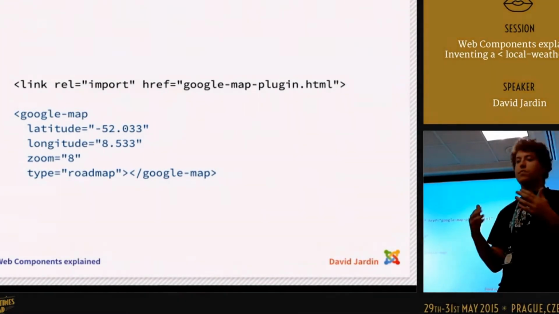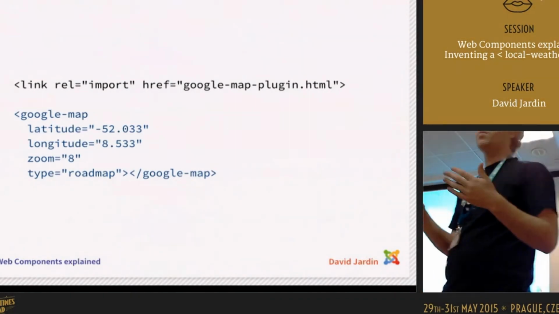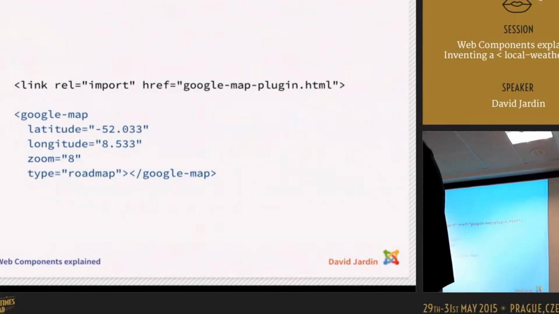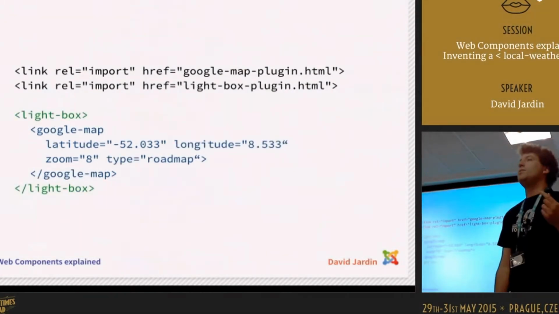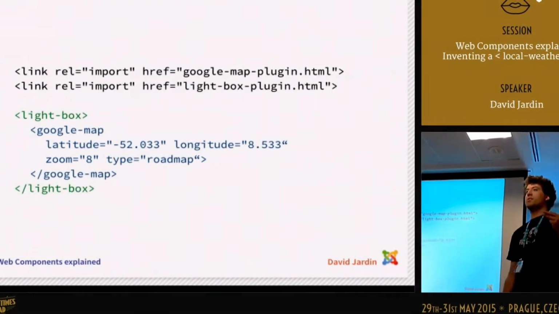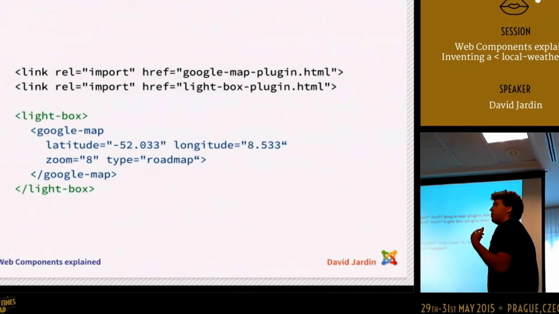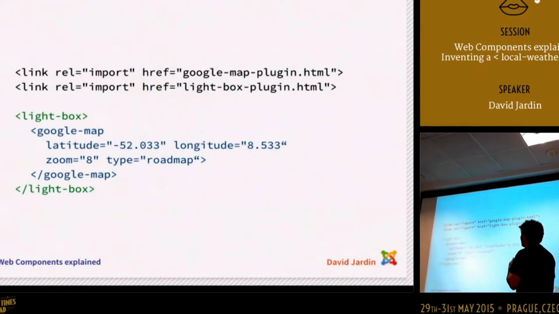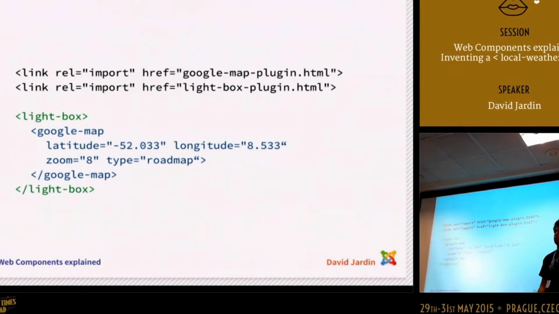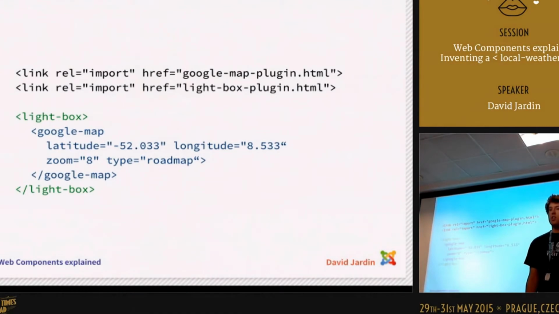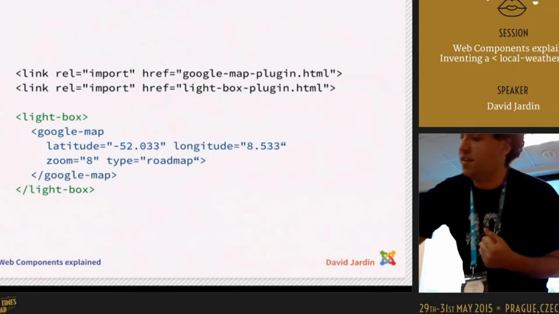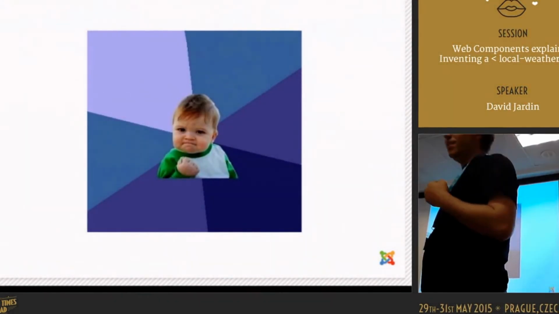Same applies to JavaScript and also markup and all kinds of things, just isolated. And it's possible to nest those things. We added another plugin, in this case a Lightbox plugin. And if we want to display a Google map in a Lightbox, we just nest them. That's how HTML works, right? That makes a happy developer.